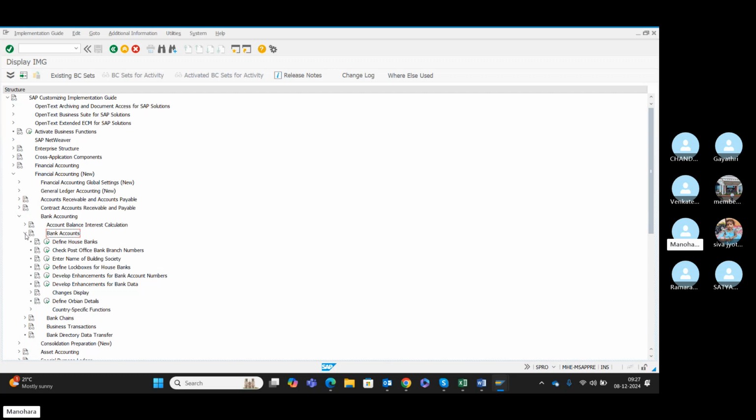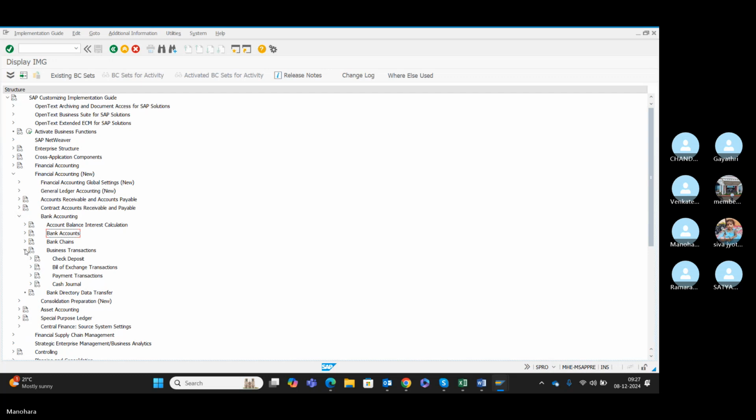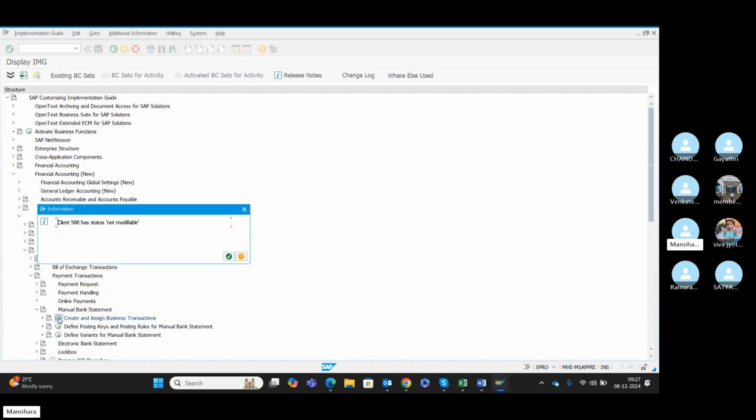House banks functionality is there. Here are bank transactions and payment transactions, and here manual BRS is there, right? So this is manual BRS.